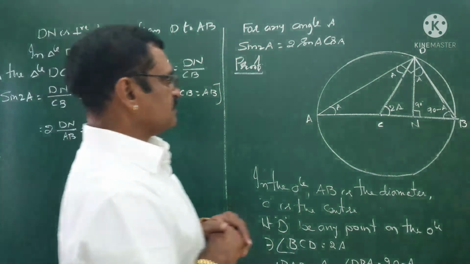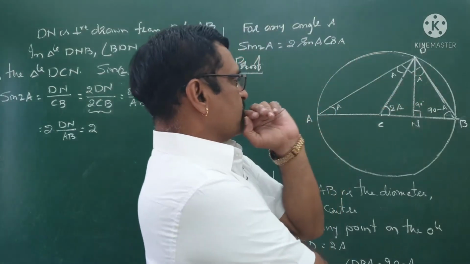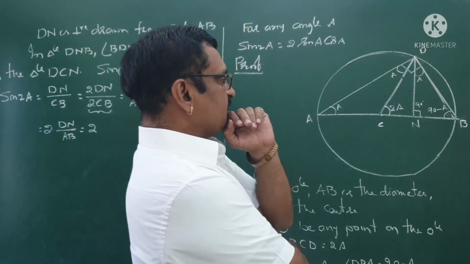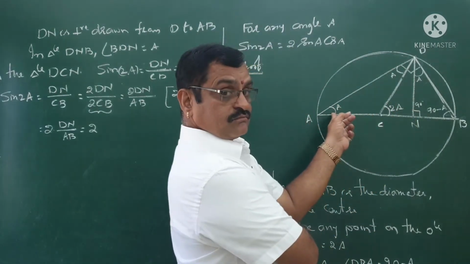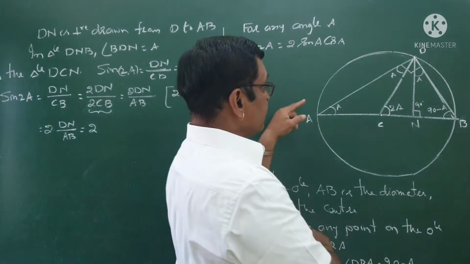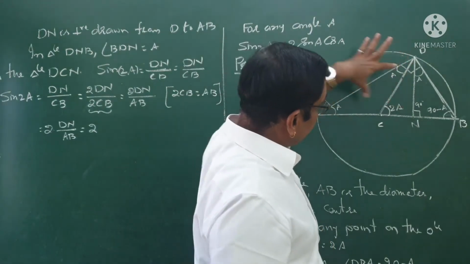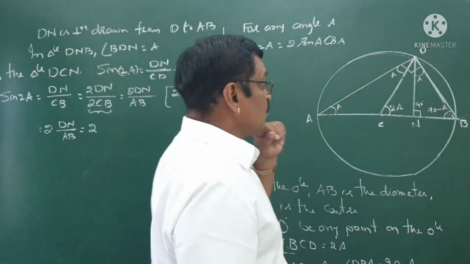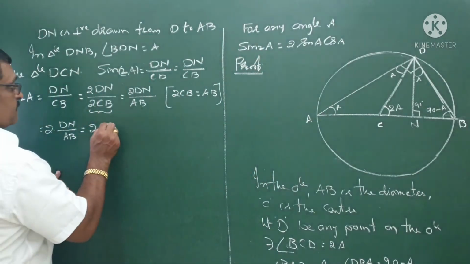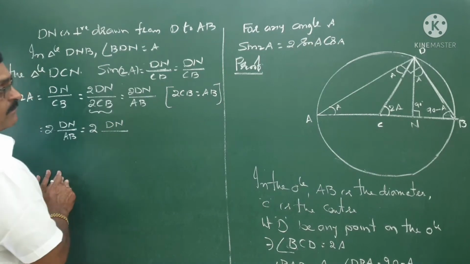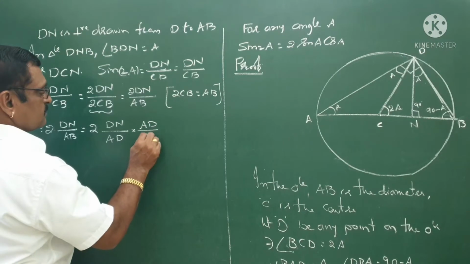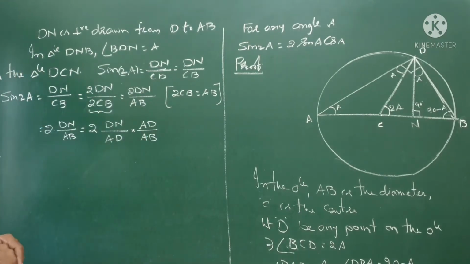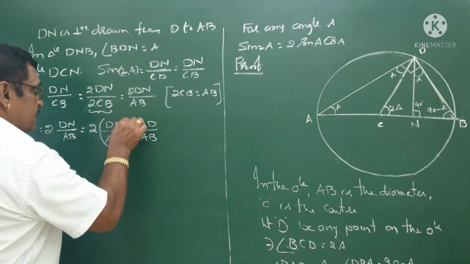Now I do one more manipulation. Where is DN? This is my DN. DN is opposite to angle A. If I have AD, I can get DN by AD, which is sin A. So I divide and multiply DN by AD.